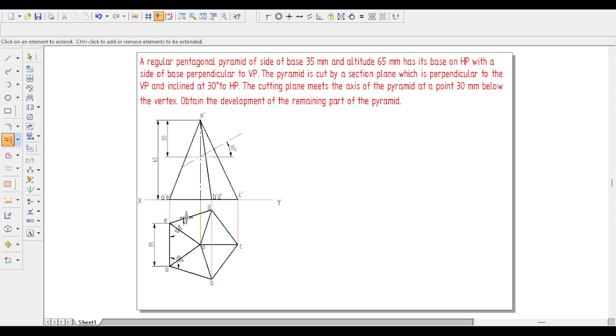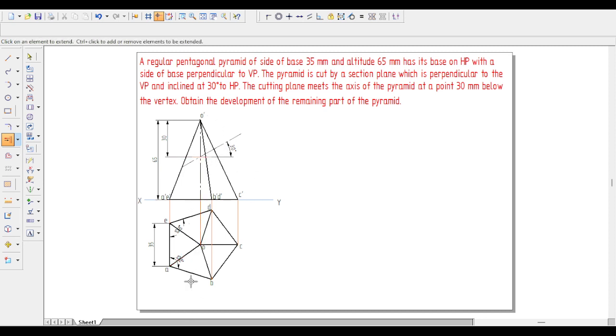So here the slant edges O'A' and O'E' are going to be cut by this cutting plane at this particular point. Similarly, O'B' and O'D' are cut at this point, then O'C' at this point.